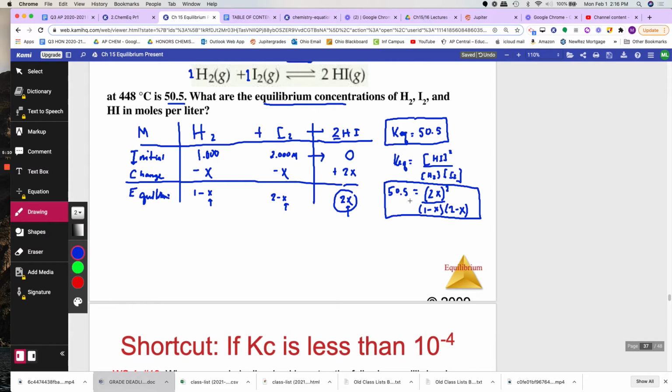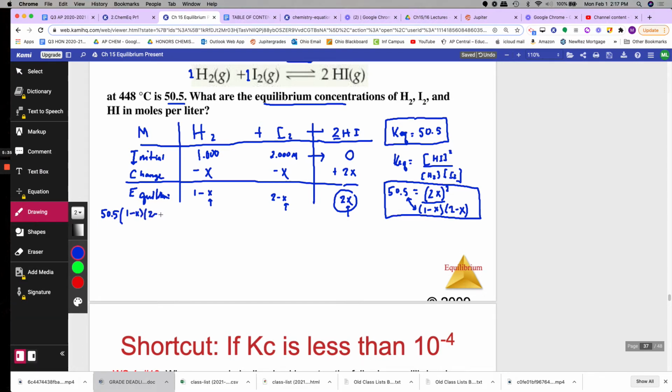So I'm going to just multiply these together. 50.5 times 1 minus x times 2 minus x equals 2x squared.